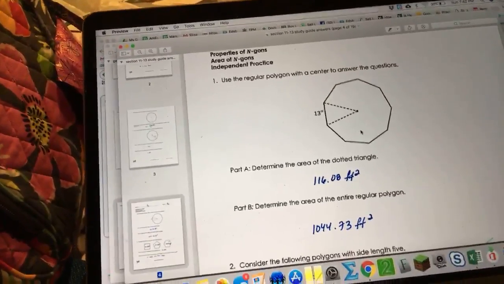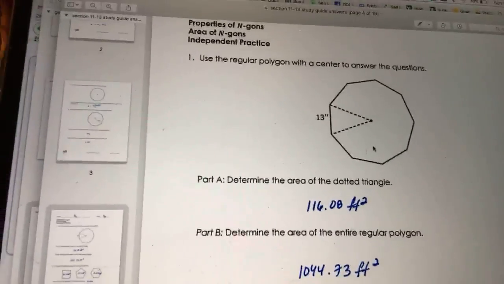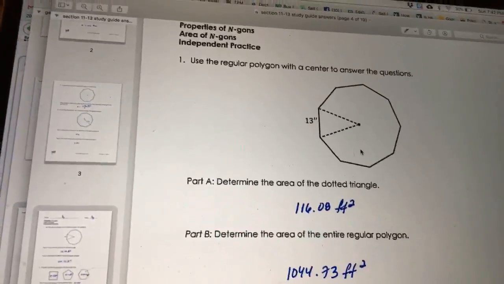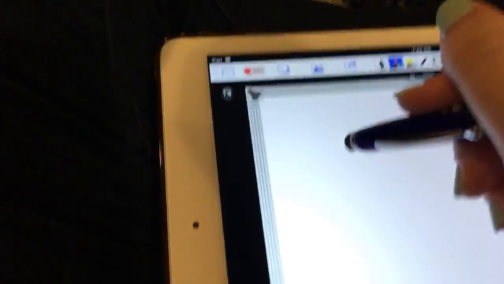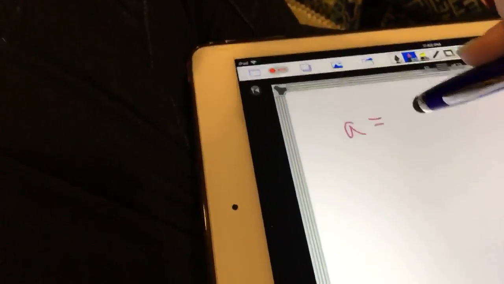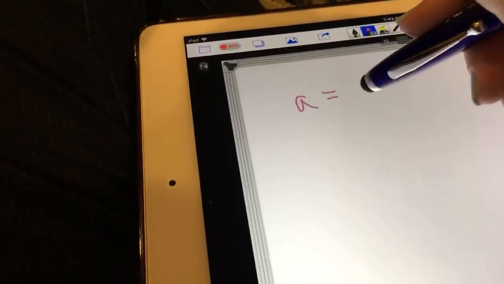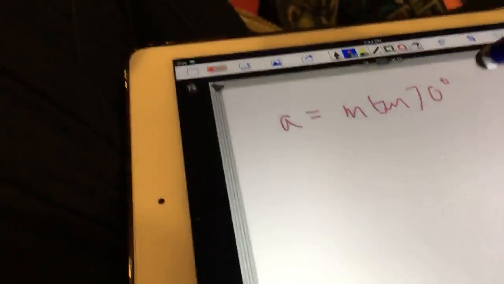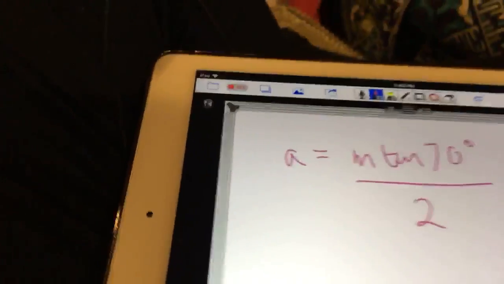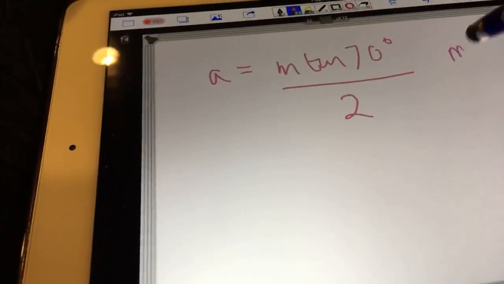So actually, we can use the information that we just found. This is a nonagon, and we just found that the apothem of a nonagon is m tangent 70 over 2, where m is the side length.